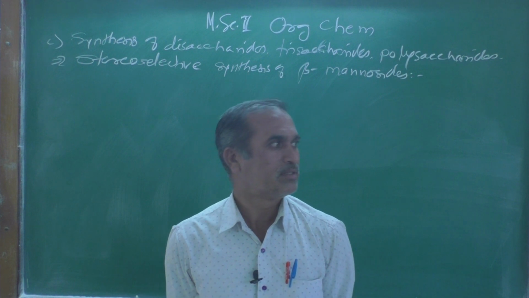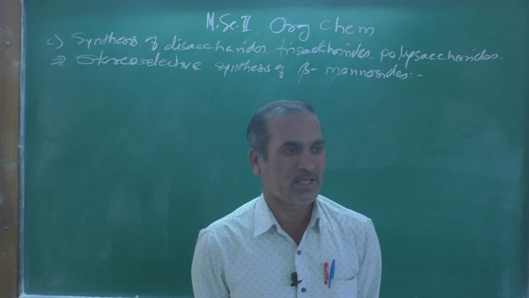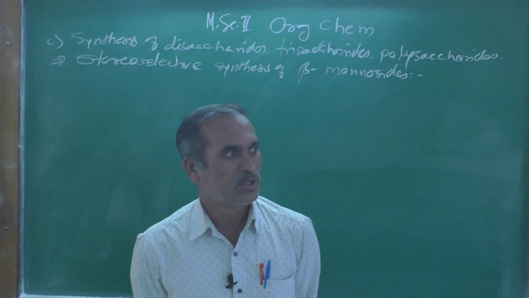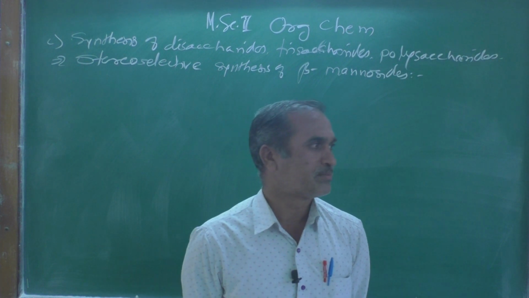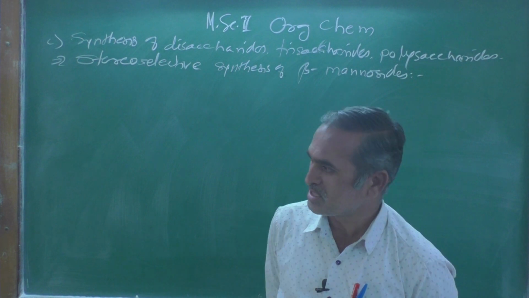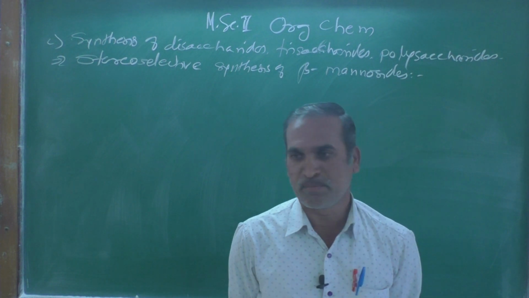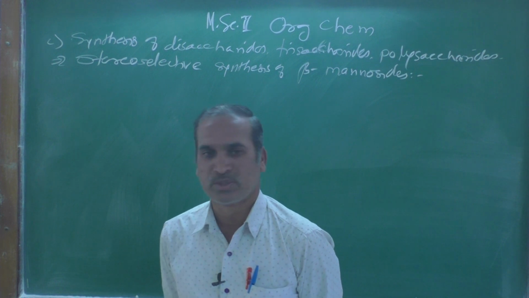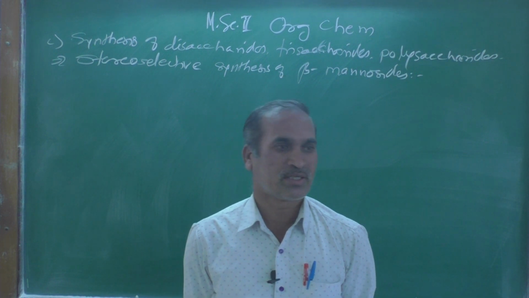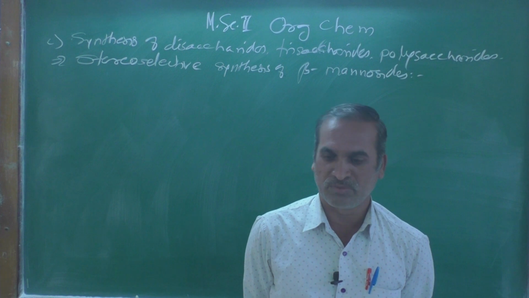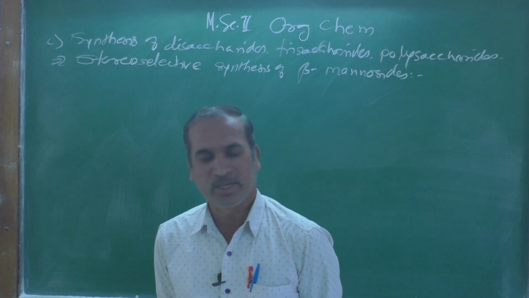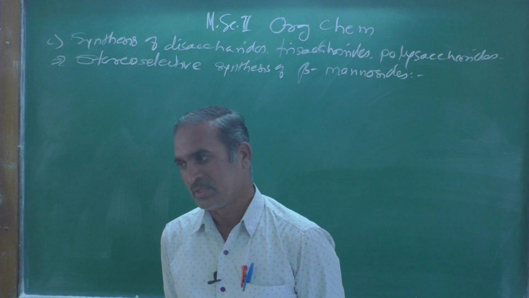These are the main classifications of carbohydrates. Monosaccharides do not hydrolyze; they are a single unit, and the simplest compound is D-glucose. Why is it termed D-glucose? We have learned that with a suitable example.